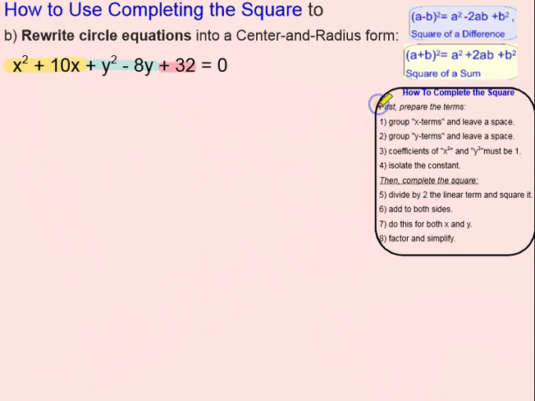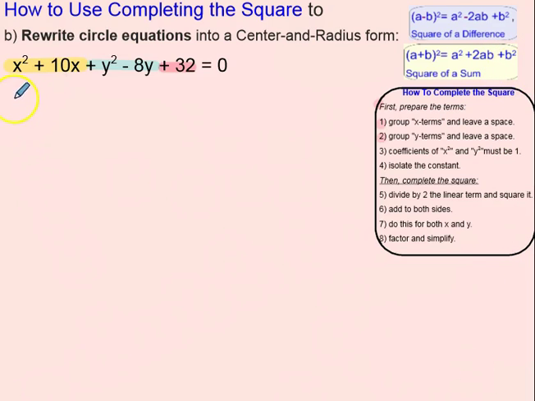So let's prepare the terms. Let's group the x terms and leave some space for the third term of x, and then regroup the y terms and leave some space if needed for the third term that we will try to identify.